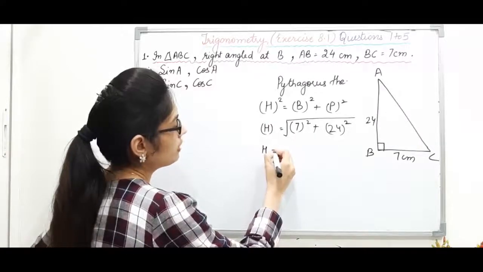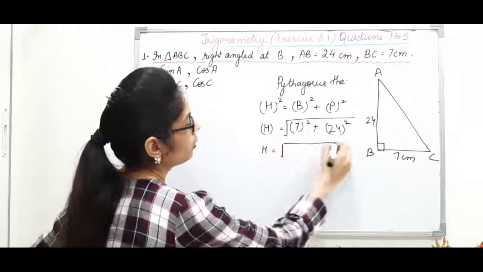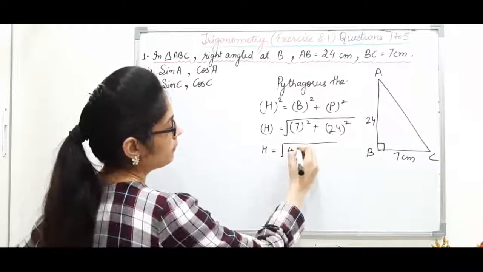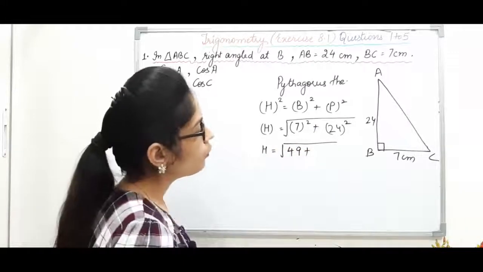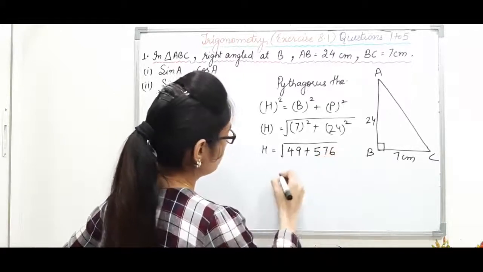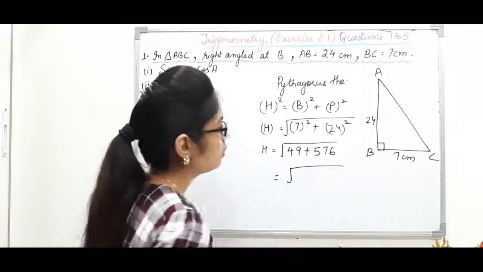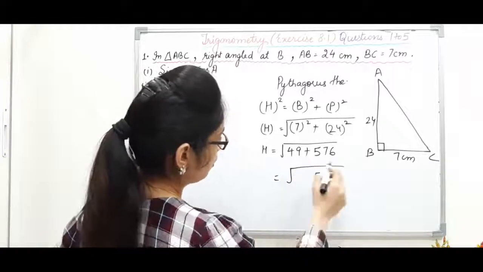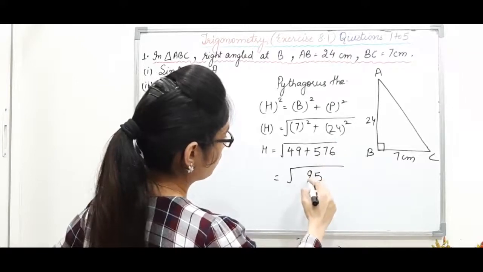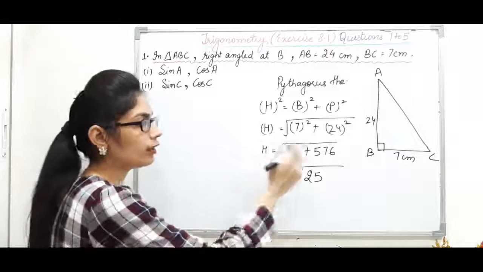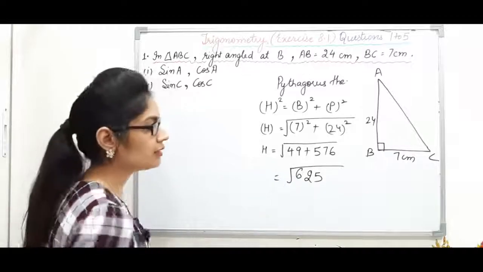So H is equal to square root of 7 square, which is 7 into 7 is 49, plus 24 square, which is 576. So we can add now. On adding 49 and 576 you will get 625.